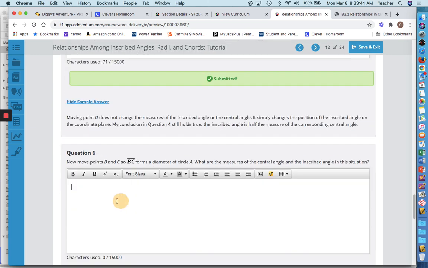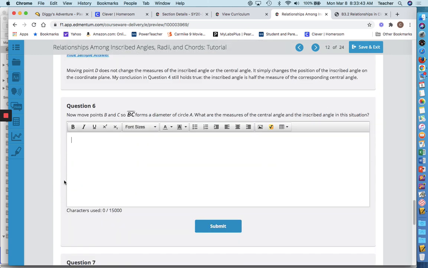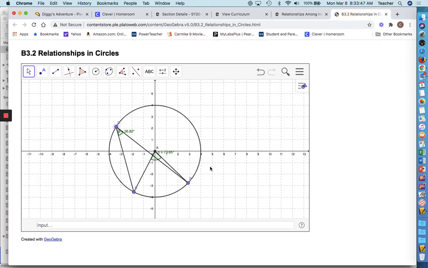All right, so it doesn't change. Alright, cool. Question 6. Now move points B and C so that BC form a diameter. Oh, okay. So BC forms a diameter. That means I gotta have it exactly on 180. That's gonna be easier said than done. Not sure if I can get it exactly on 180.